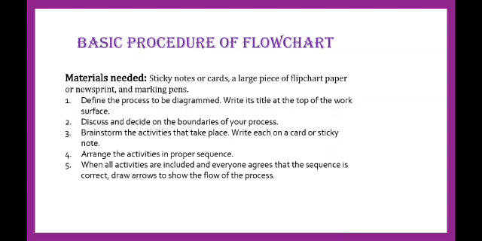Boundaries are, we can say, when does the process start, and when does it end, and also the level of detail, like how much detail is to be included in the diagram. These are the boundaries of your process that you have to decide.